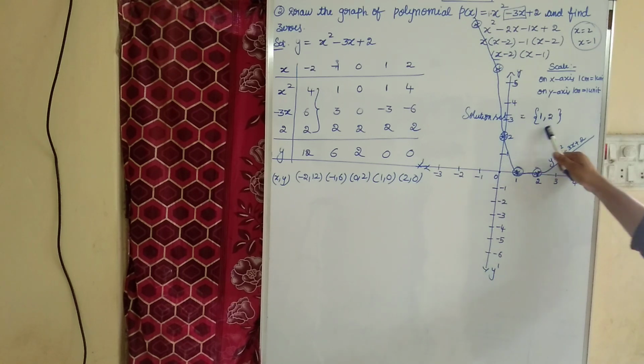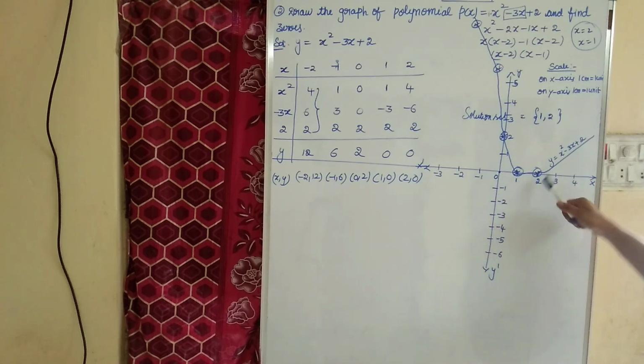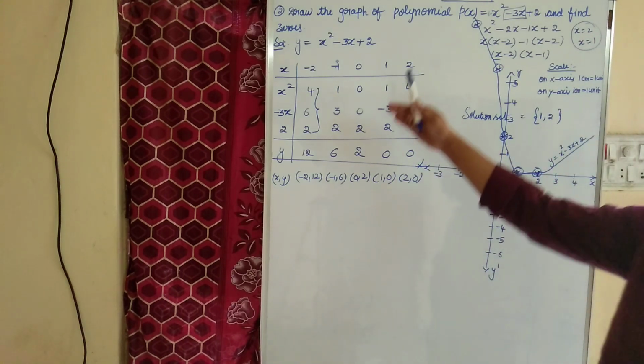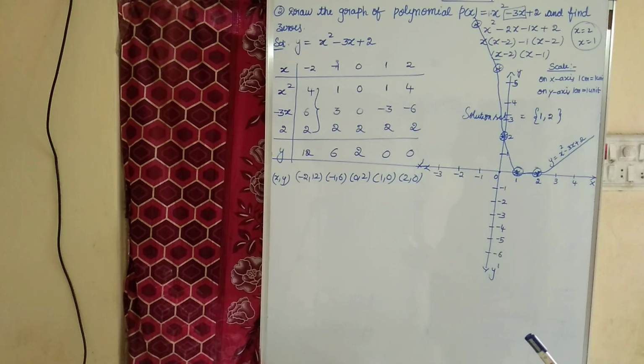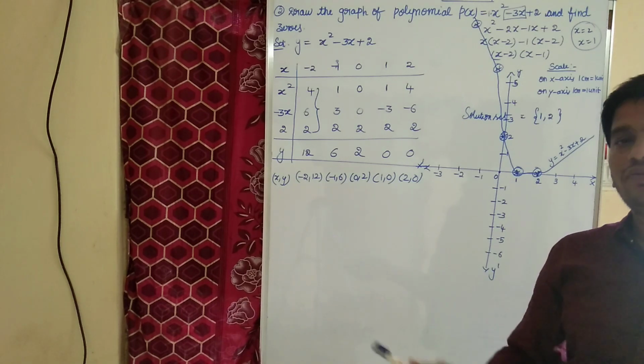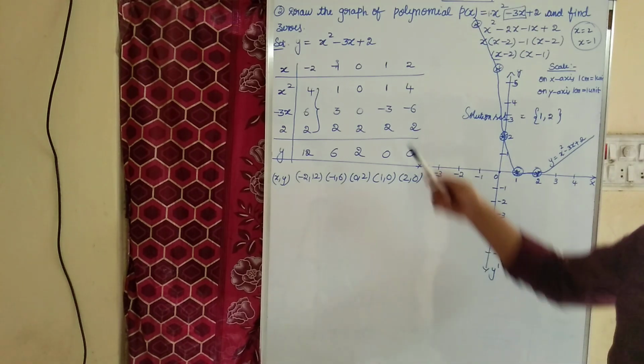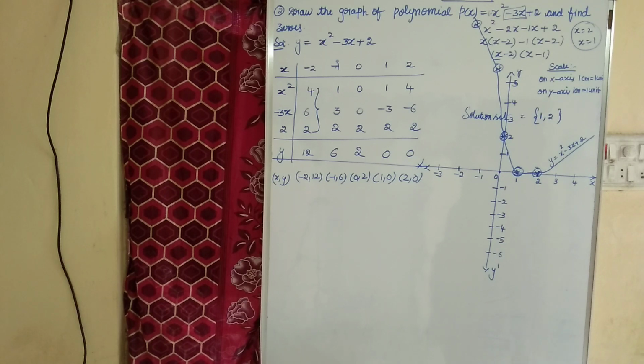Everything, the solution set, the scale, drawing the graph and taking the coordinates, you have to do each and everything carefully. You people will think that I did full, I'll get full marks. If you forgot anything, you will not get full marks. Everything, be careful.